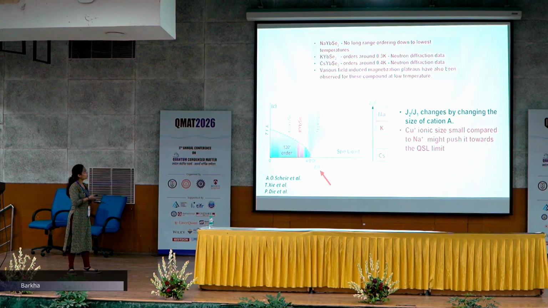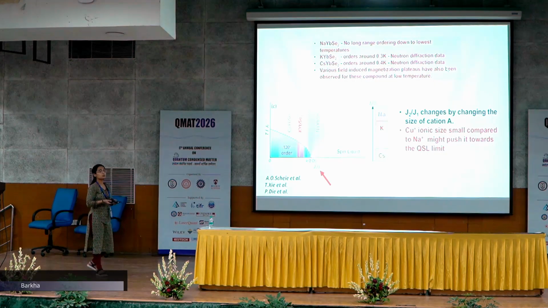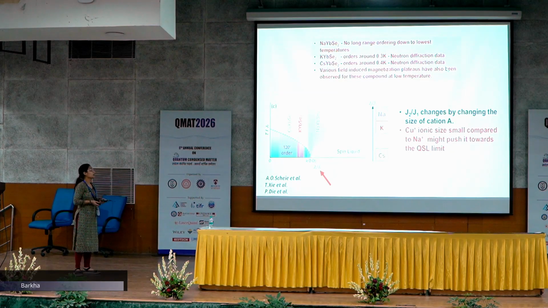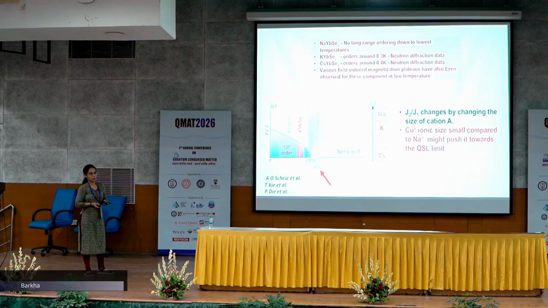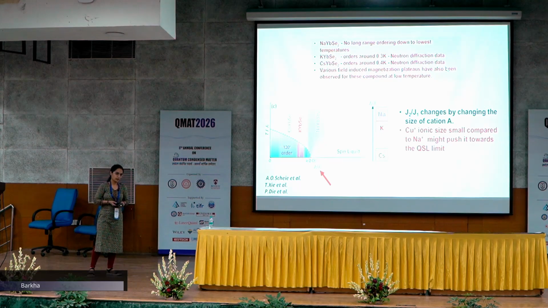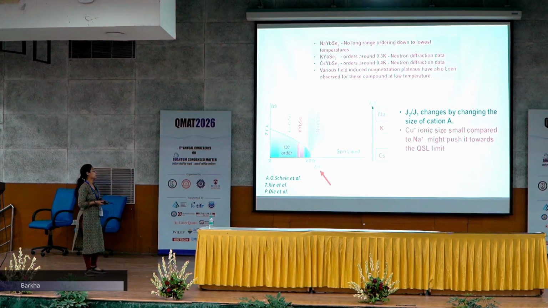Out of these, sodium ytterbium selenide has been the most extensively studied as a promising quantum spin liquid candidate, and to date no long range ordering has been found down to the lowest temperature measured. Although potassium and cesium ytterbium selenide are reported to order at around 0.3 and 0.4 Kelvin by neutron diffraction data, they exhibit a broad continuum excitation spectrum in inelastic neutron scattering data.